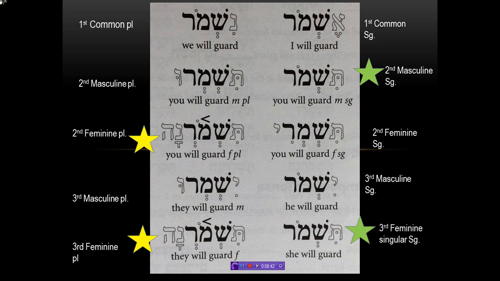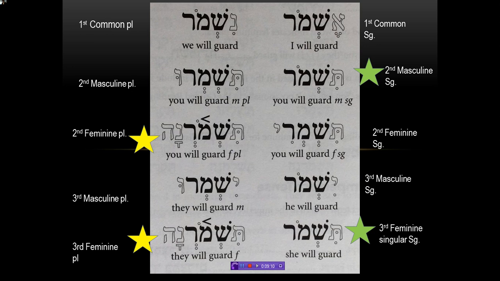But this single form Tishmor can mean both you, second person masculine singular, and third person feminine singular. So if you're going to determine precisely what the subject of the verb will be, you'll simply have to look at the context and determine it from there, and that should be relatively easy to do.